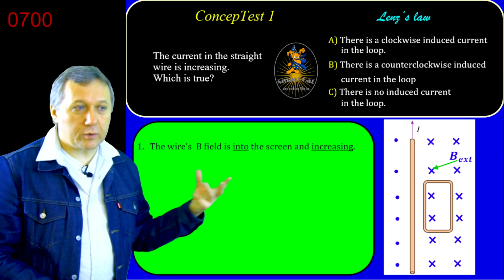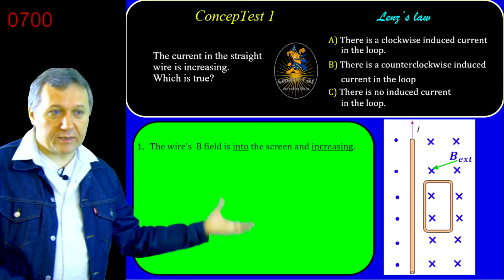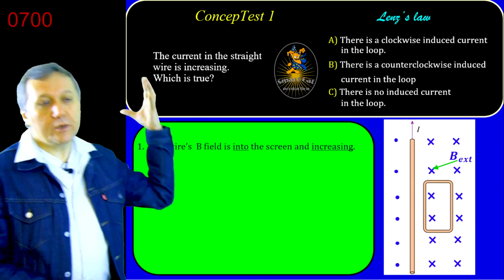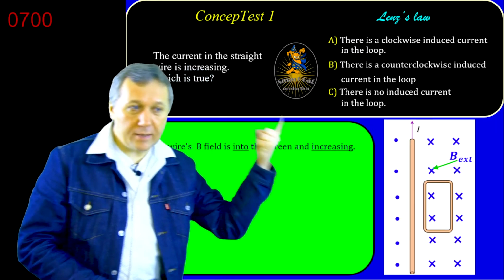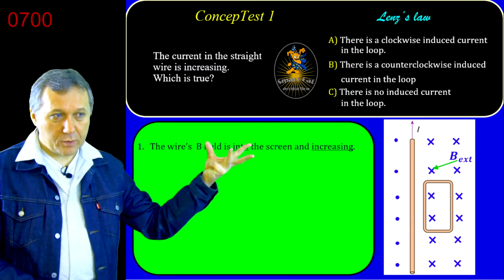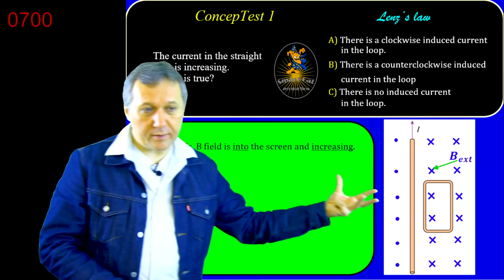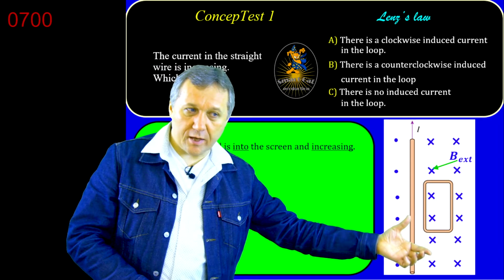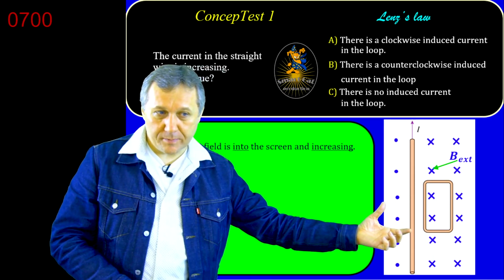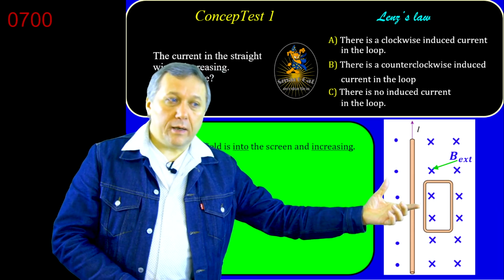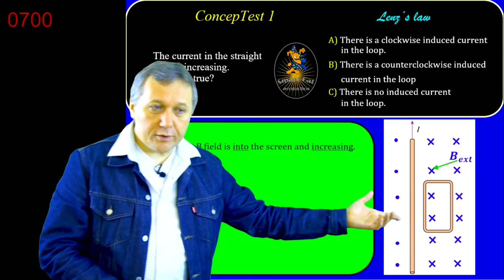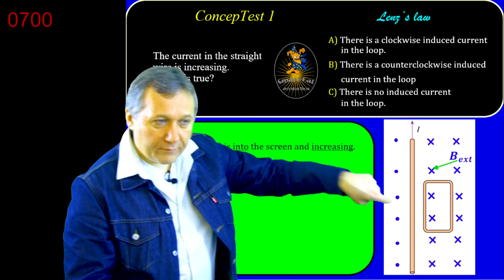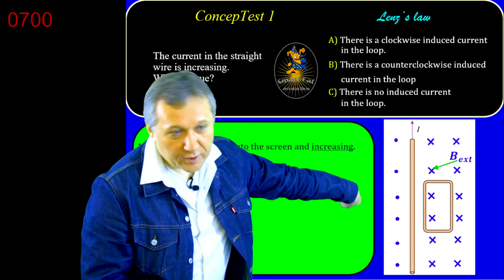Now we need to figure out what happens to the magnetic flux produced by this field through our loop. So 3 parameters, B, A, theta. Okay, let me start with A, area. We don't do anything with the area of the loop. Area is constant. Angle will be constant, but again, you can make the angle either 0 degrees if you pick the area vector into the screen. That's what I usually do.